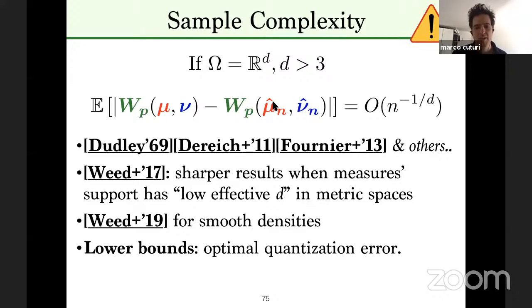relevant setups. But let's say the main one, which would be high dimension, Euclidean cost, square Euclidean cost, is very, very pessimistic. It says that in expectation, the difference between the Wasserstein distance of two continuous measures, mu and nu, and their sample estimates, so the population estimate and the sample estimate, is basically of the order of 1 over n to the power 1 over d.